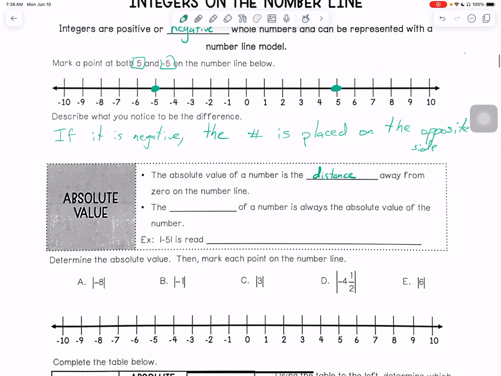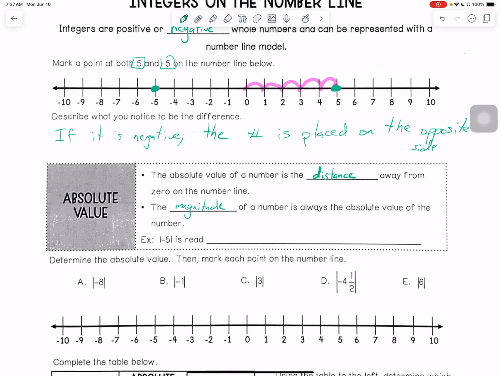So if we look up here, you can see that 5 has an absolute value of 1, 2, 3, 4, 5 because it is 5 away from the 0 on the number line. The magnitude of a number is always the absolute value of the number. So whatever the magnitude is, that's the absolute value.